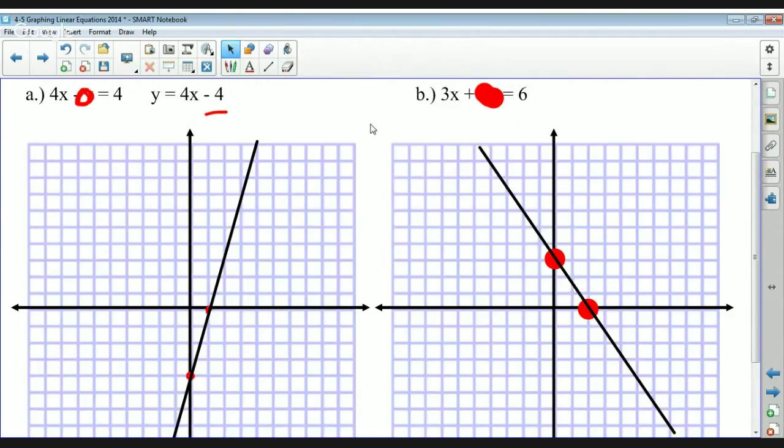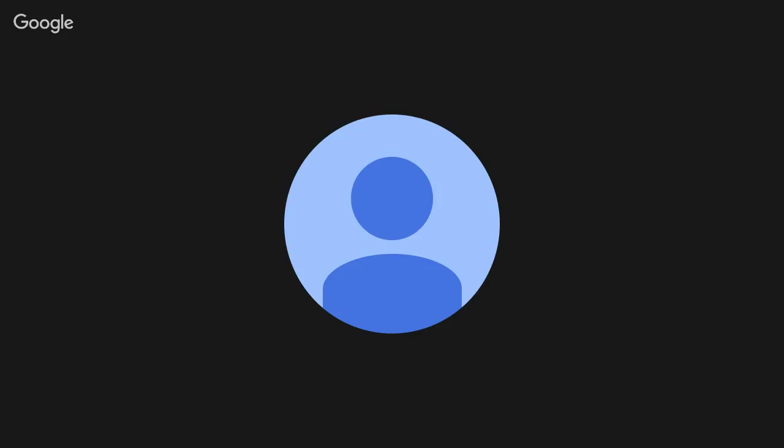So we talked again today about finding out if two equations are linear, which you need to have an x and a y. One of those two can be a 0, but not both of them.